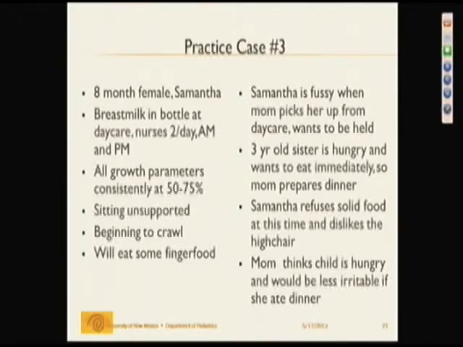So limited food acceptance related to food and nutrition related knowledge deficit on the part of mom is evidenced by misinterpretation of the feeding cues, or the parenting cue, or the needs for cuddling cues that the child is sending. But you could also say no nutrition diagnosis at this time.